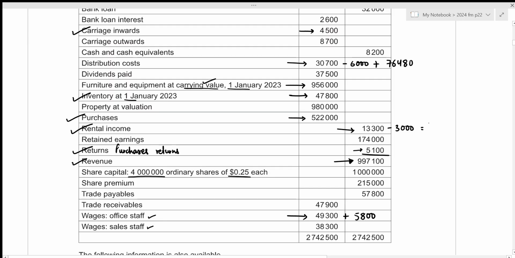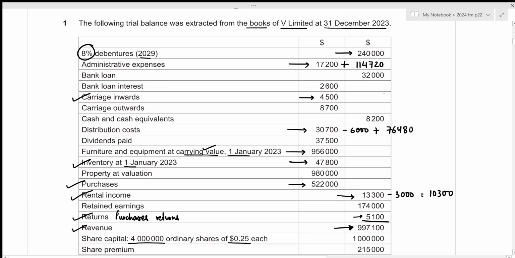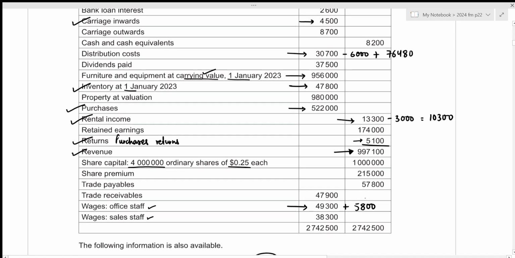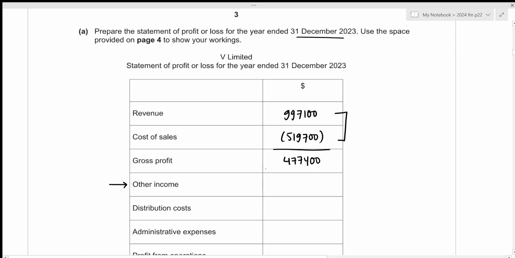So that gives us the value of 10,300. And the income will be given on the credit side of our trial balance. So I don't think we have any other incomes apart from our rental income. Yeah, that should be all for our other incomes. We just need to include the value of 10,300.